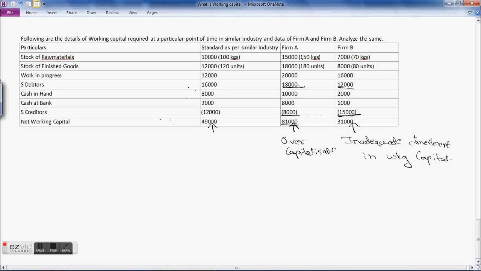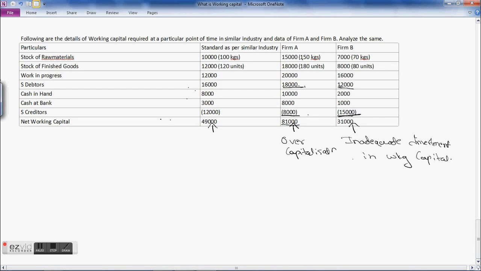So in this way you can analyze each and every item of working capital, and if there is overcapitalization or inadequate investment in working capital, you can see where exactly the problem is, in which area, whether it's in stock or debtors or cash or creditors, and accordingly you can rectify it.